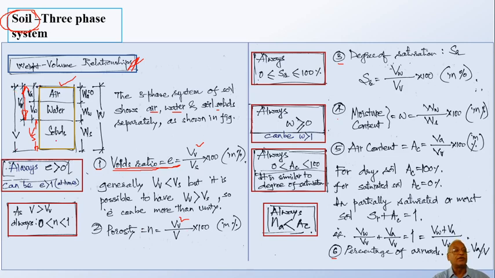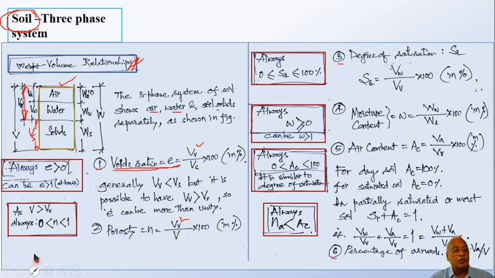Look at this figure. In this figure, it is shown that total volume is so much. Volume of voids is only this much, and volume of solids is this much. If you take the ratio of this to this, then it is voids ratio. But if you take the ratio of volume of voids to the total volume, then it is called porosity, right?